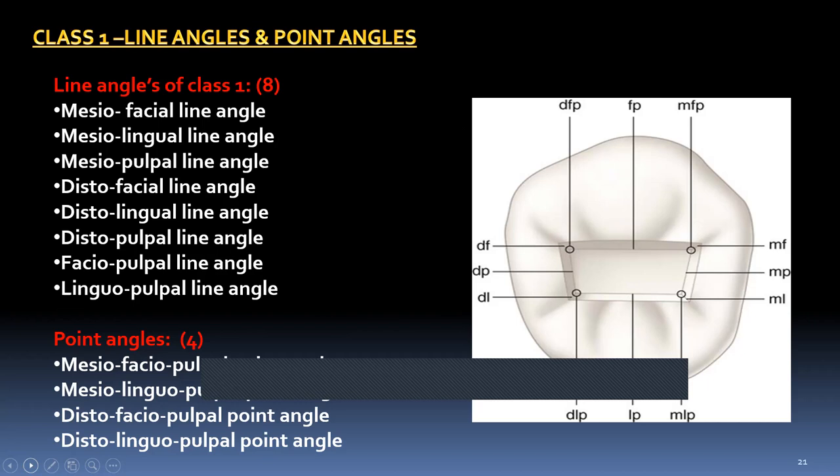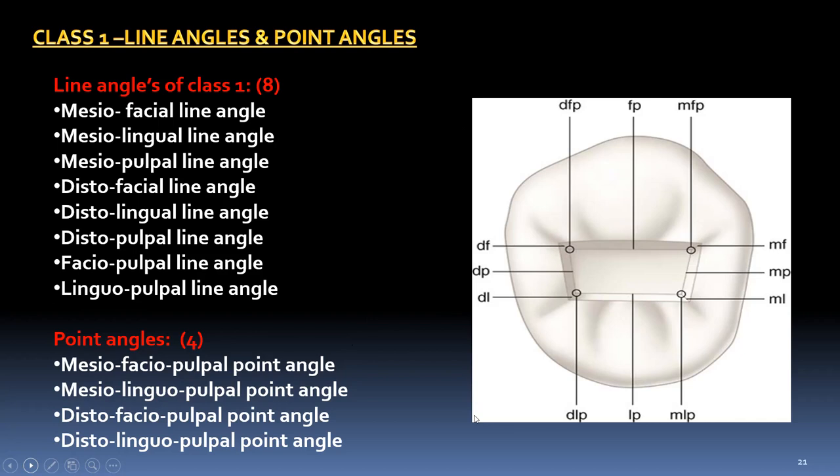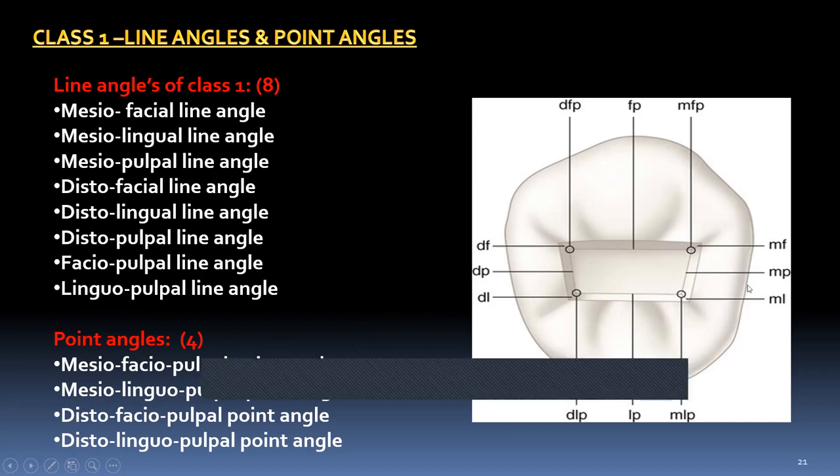So these are the line angles and point angles for the class 1 cavity. The line angles of a class 1 cavity include 8 in number and the point angles include 4 in number. Here we can see that there is a mesiofacial line angle, then mesiolingual line angle, then mesiopulpal line angle, then we have the distofacial line angle, distolingual line angle, distopulpal line angle, then the faciopulpal line angle, then the linguopulpal line angle.